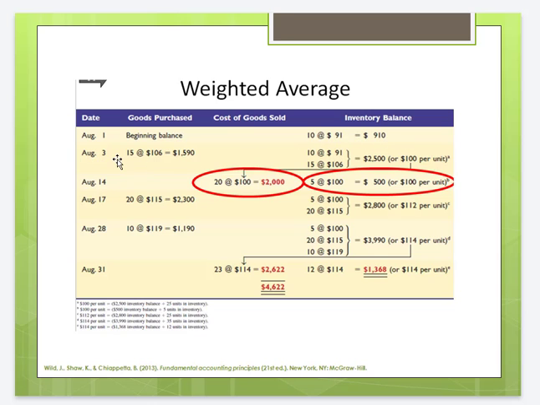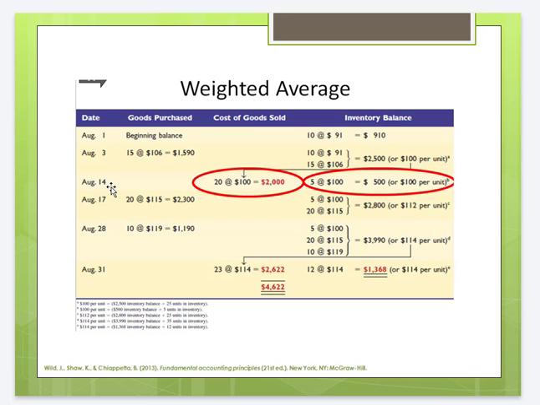Then on August the 3rd, we purchased 15 additional units at $106. So what we're going to do at this point is compute the average cost per unit. In this case, we take the total cost and the total units, and we have 25 units at a total cost of $2,500. Therefore, the average cost per unit is $100 per unit.